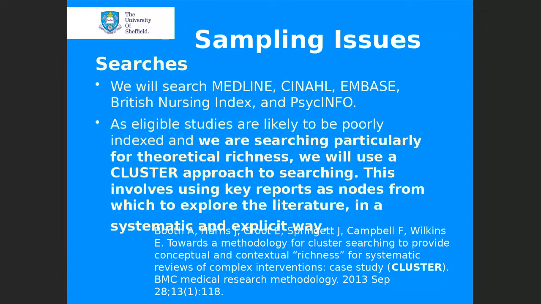We might sample from subject specialist databases as well as from general social science databases like Scopus and Web of Knowledge. We might also use the cluster approach to searching, which involves finding some key reports as a starting point and then looking for articles that are connected either through citations or through related articles. And this is often the case where the terminology of qualitative research is less clear.